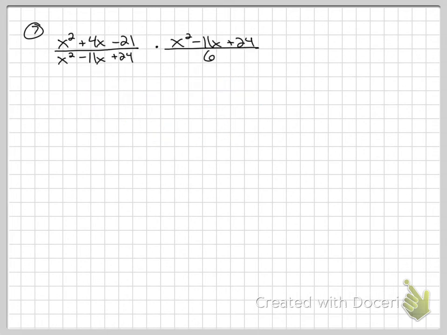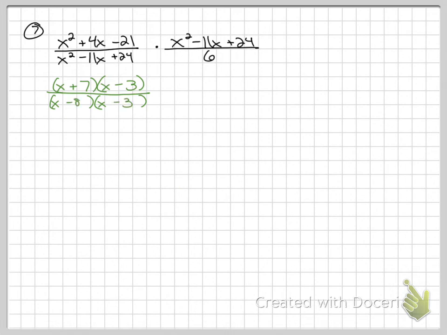Okay, number 7. Feel free to pause it and try it. Start by factoring. 21 is 7 and 3. You need the positive to be bigger. There you go. 24, 2 and 12. That's not going to be 11. 3 and 8.